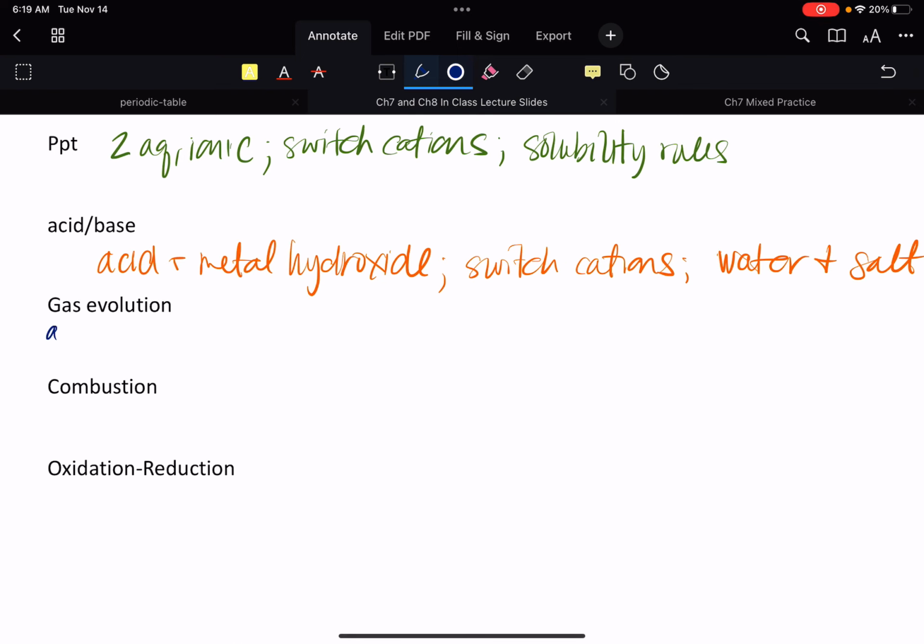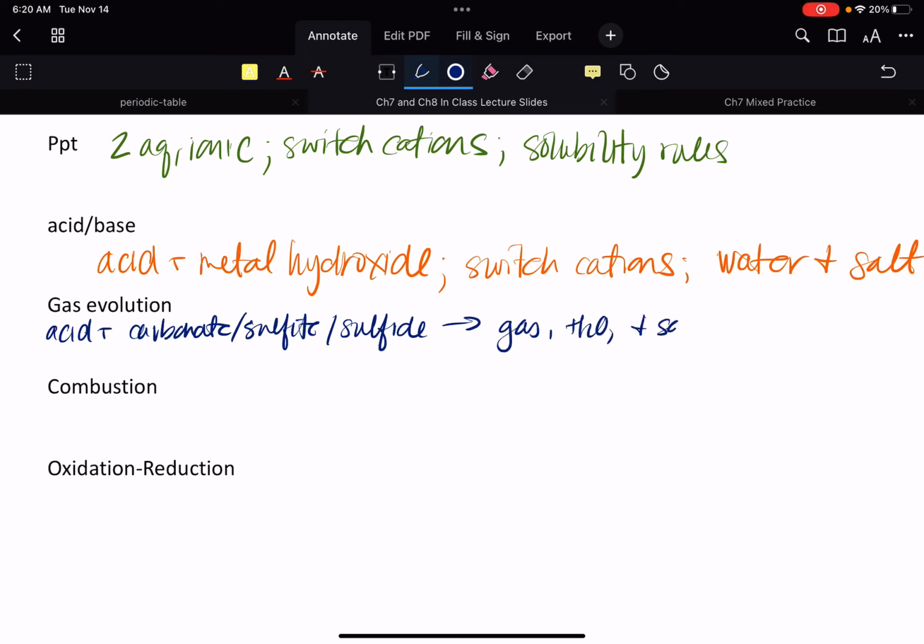We might have an acid plus a carbonate, or a sulfite, or a sulfide, which is going to give us a gas and water and salt.